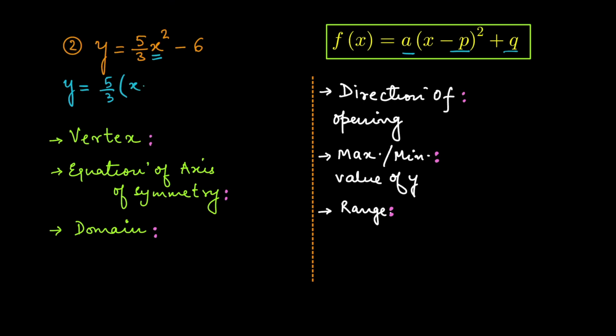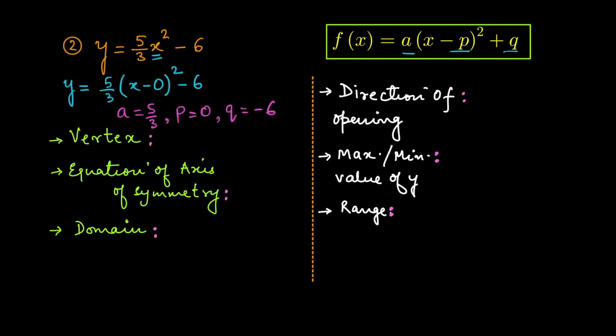So we write (x minus 0) and then square it, and then continue with the minus 6. We write it like this so that we can relate it with the vertex form. So a is 5 over 3, p is 0, and q is minus 6.